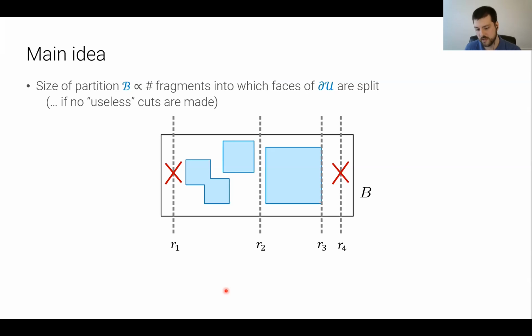So we can see the cut R4 is trapping a fragment, where the blue is the boundary of the union in this 2D example, and R2 is separating the boundary into two subcells, but R1 and R4 do not do this. So we'll make this point now, and then we'll implicitly be avoiding making these useless cuts.